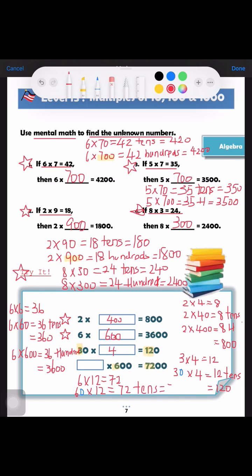And 72 tens equals 720. So 600 times 12 equals 72 hundreds. And 72 hundreds equals 7,200. So the answer is 12.